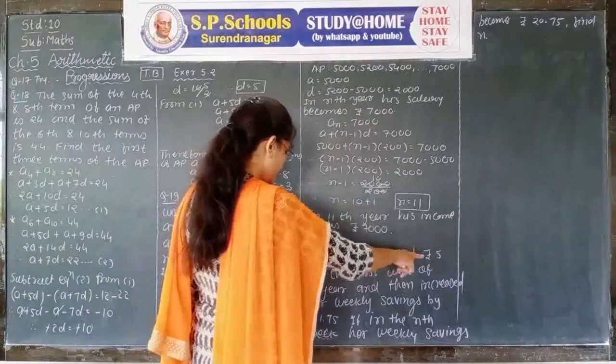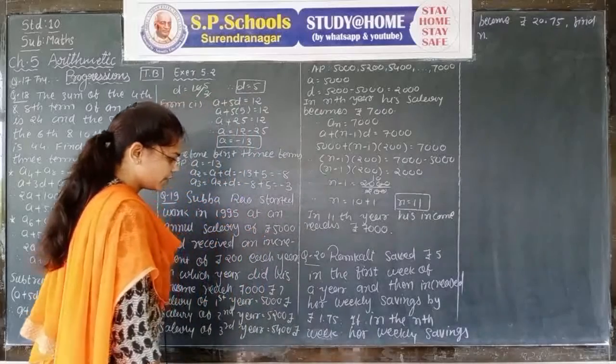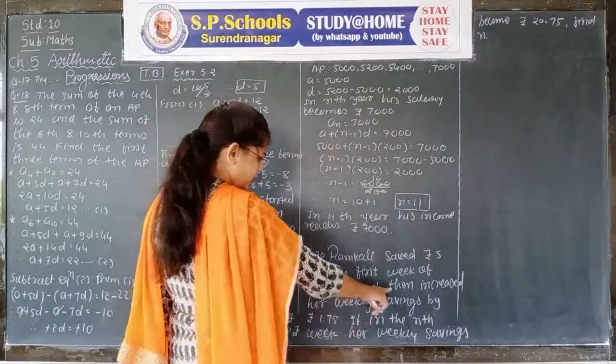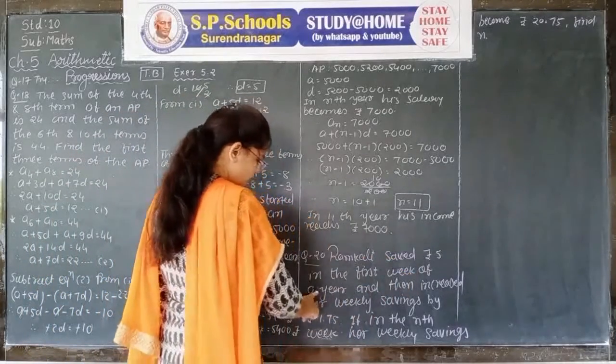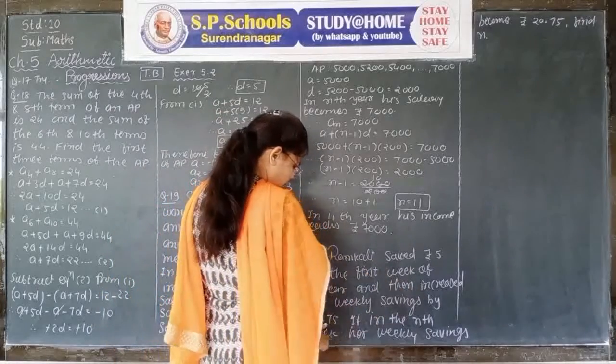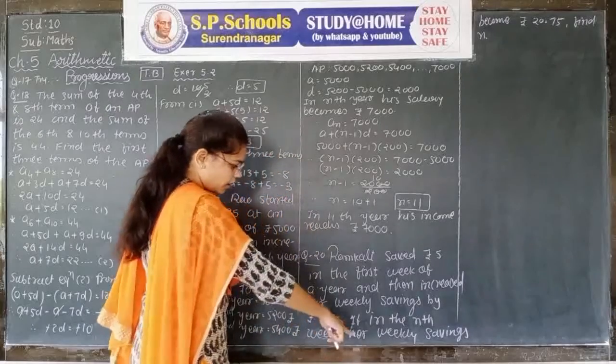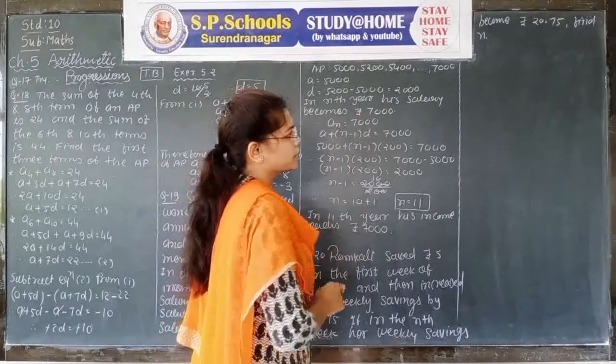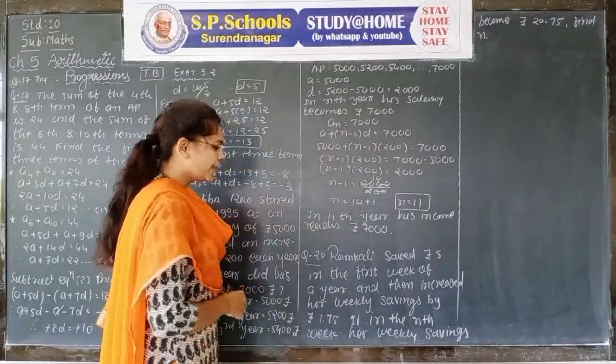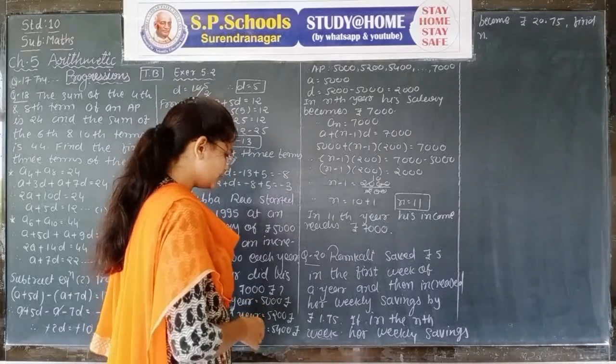Ramkali saved rupees 5 in the first week of a year and then increased her weekly savings by rupees 1.75. If in the nth week her weekly savings become rupees 20.75, find n. Now what is given here?